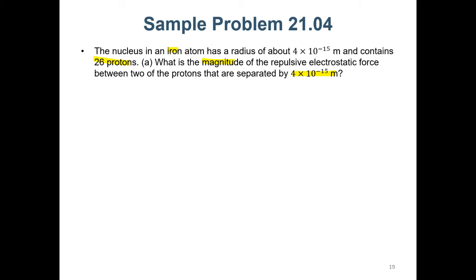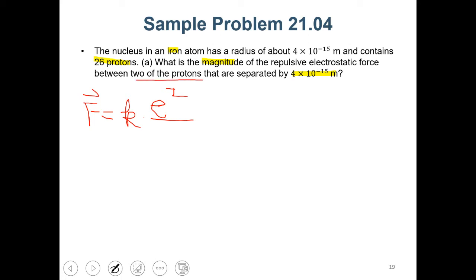So actually F is nothing but k times e squared, because it asks you about the electrostatic force between two of the protons. So one is e, another is another e, so e squared, separated by this distance.